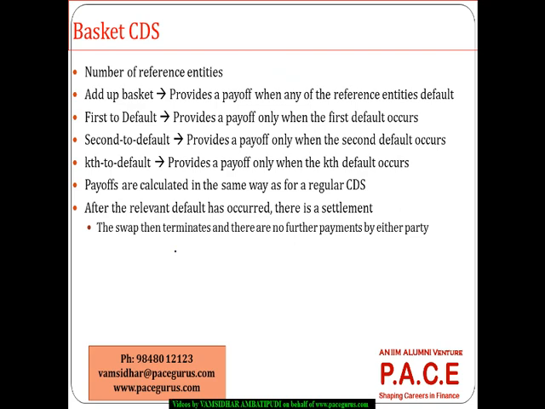Then, the next thing we have to understand regarding the CDS is the basket CDS, where instead of one single reference entity, we are talking of a number of entities, and different variants exist. Add-up basket: payoff on any of the reference entities defaulting. It's a very costly affair.